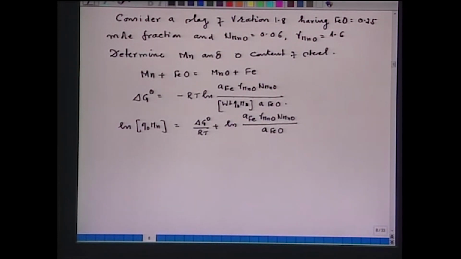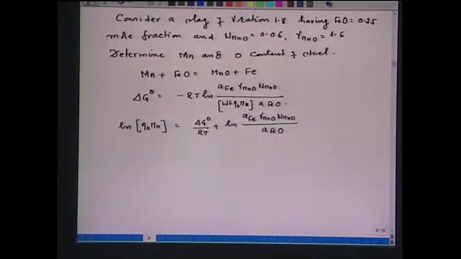So, if you want to calculate the percentage manganese which is in equilibrium for a slag having V ratio 1.8 and mole fraction of FeO 0.25, then we can use this expression for determining the manganese content at equilibrium. For that we need the delta G naught values. Now, delta G naught in one source is given as minus 5720 calorie. This delta G naught is for this particular reaction.